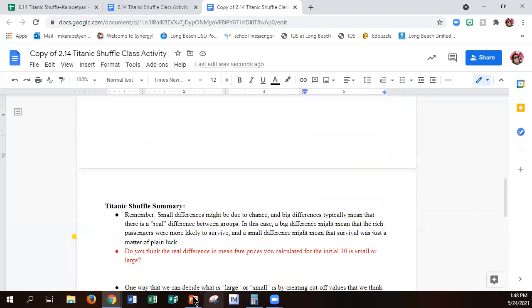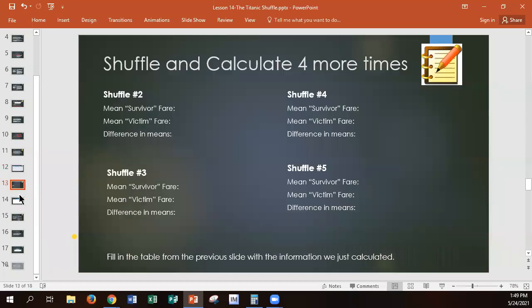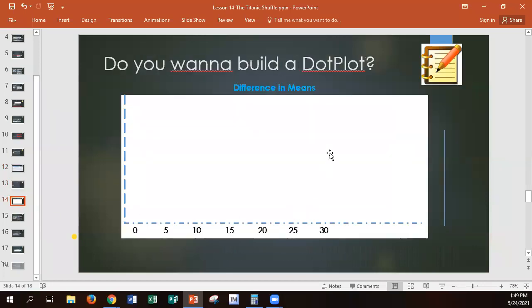I want to show you that as far as visual representation goes, because on this dot plot, I'm gonna put our differences of the means. I'm just gonna put little stamps there. The 68, obviously there's no 68 here, so I'm gonna put it all the way over here.